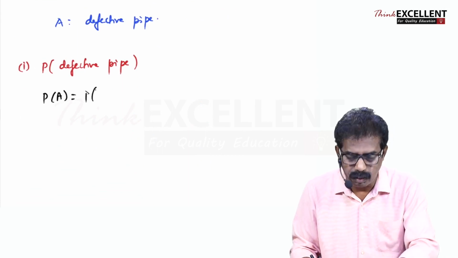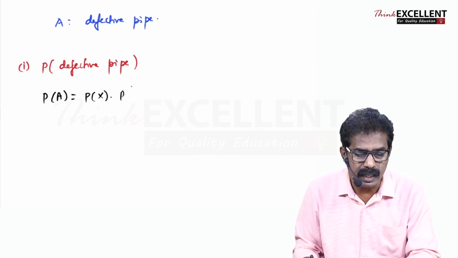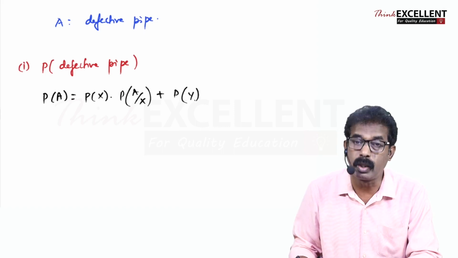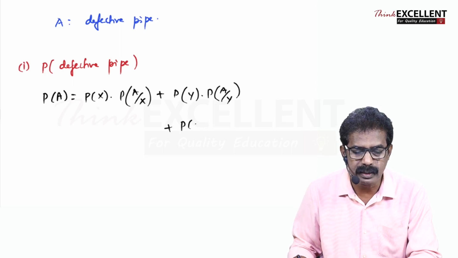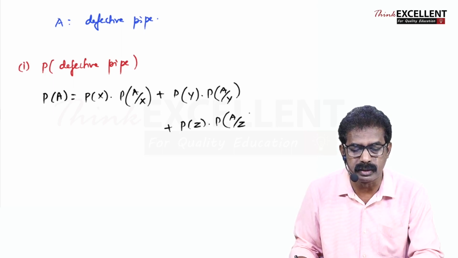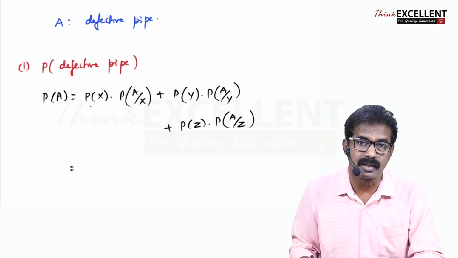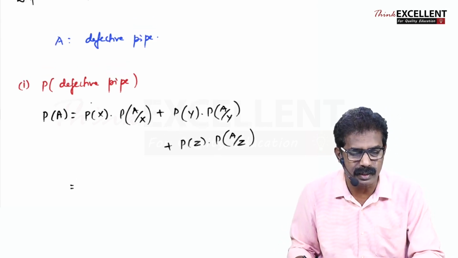Selecting the first plant, that is selecting X, and that X is producing defective, or selecting the second plant Y, and that second plant produces defective, or selecting the third plant Z, and that selected third plant produces defective. Now look here, the efficiency is not the same. Otherwise, for 3 plants, you take it as 1 by 3, 1 by 3, 1 by 3. But here it is not like that.